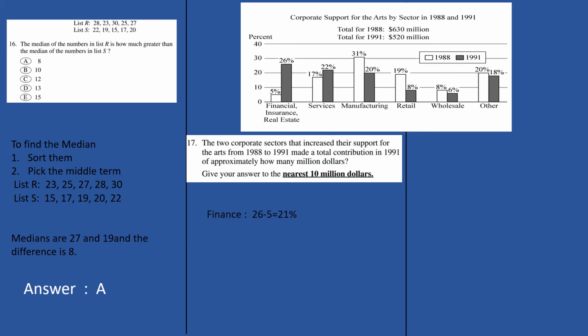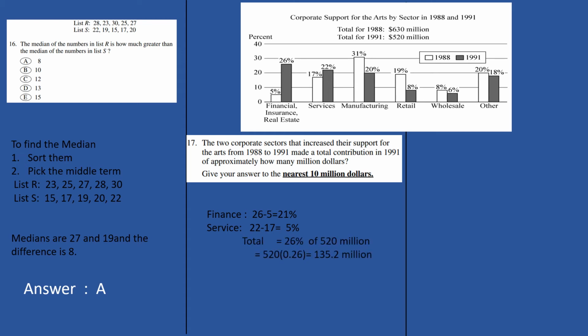Now when we see this, it looks like for finance, the difference is 21%, and the increase is only in finance and services, and the increases are only 21% and 5% respectively. All other things are decreased.